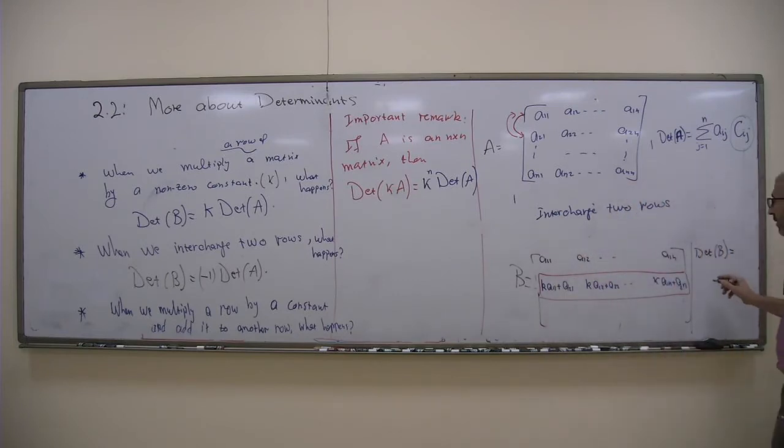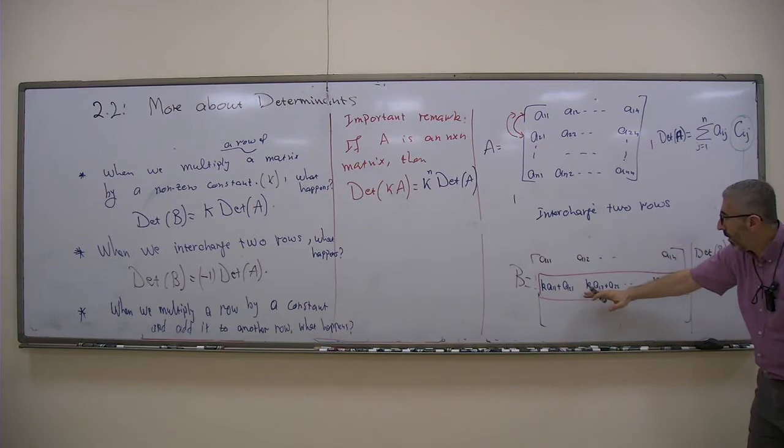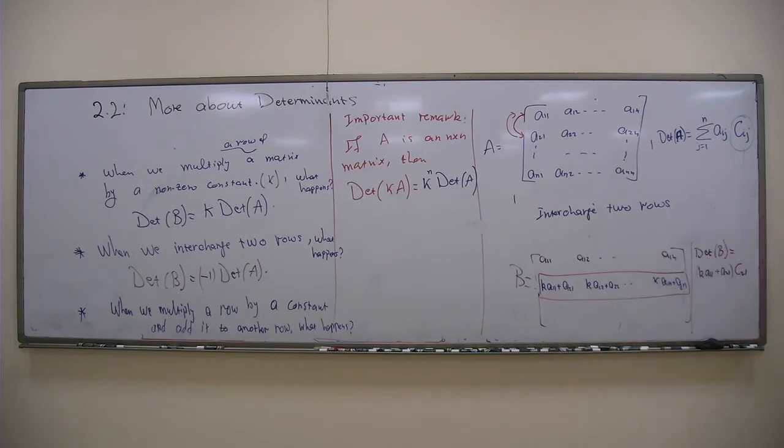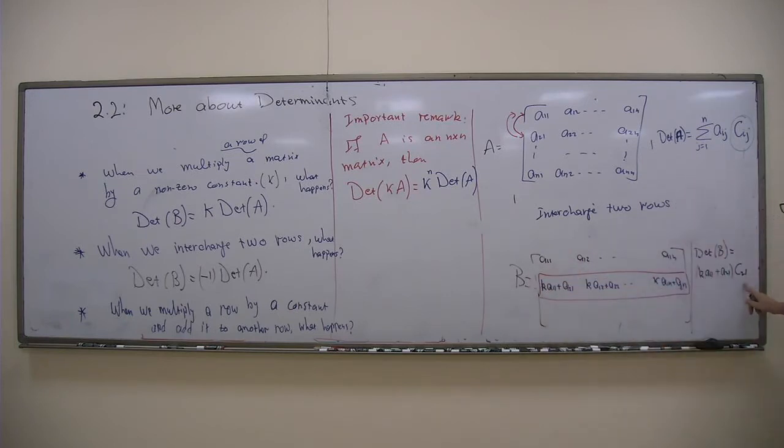So that is going to be k A11, I'm going to write that in details, A21 multiplied by C21. Now, C21 here is going to be the same as C21 here, correct? Because the first row is the same and the other rows are the same. The only difference is this. And when you find C21, you are going to cover it, correct? So that will not change.